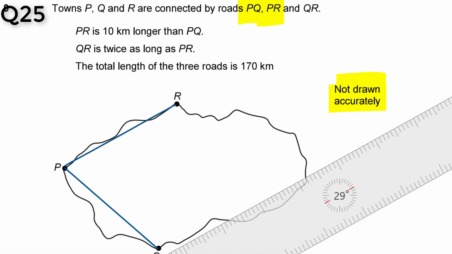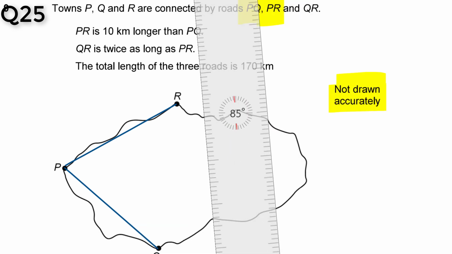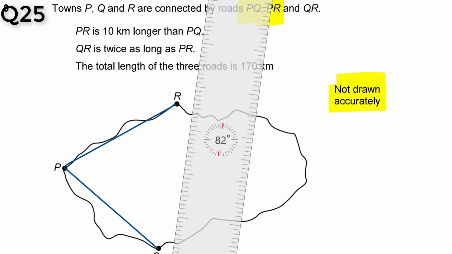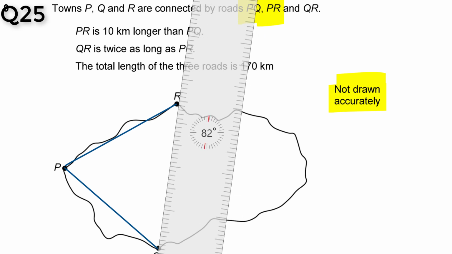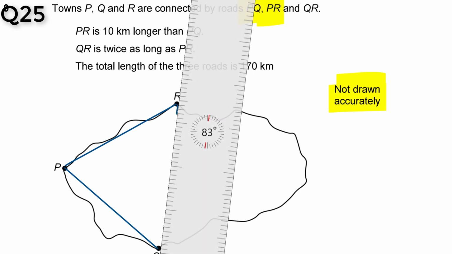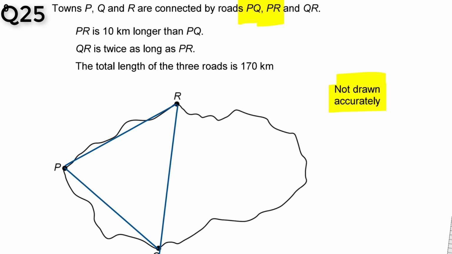Okay, now I'm going to assume that that doesn't actually drive into the sea. And then QR is this road here. They're not necessarily straight lines actually. It doesn't say they're straight.